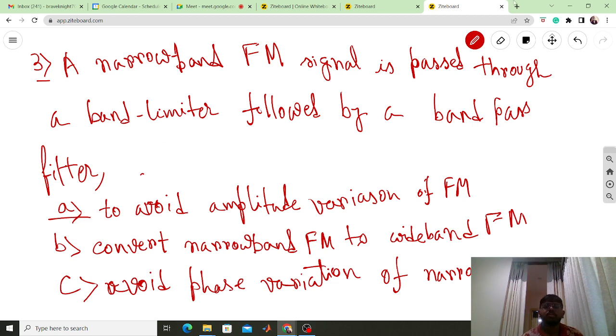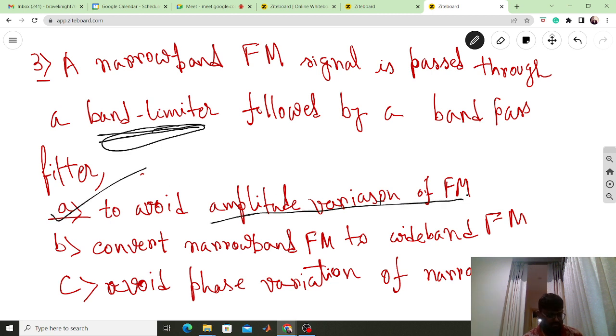So basically, this band limiter is used to avoid the amplitude variation of the FM signal.